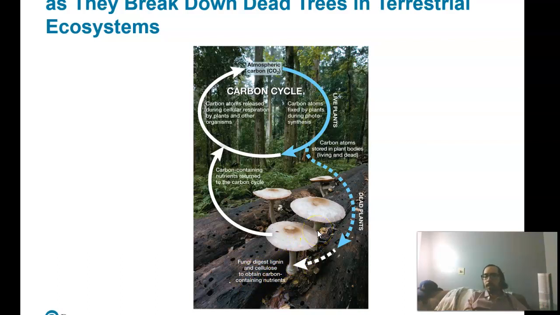So they break down the lignin and cellulose, and this allows either plants or animals to use those nutrients that are held. So those carbon containing nutrients are returned to the carbon cycle, and then the carbon atoms are released again during cellular respiration by plants and other organisms like bacteria.